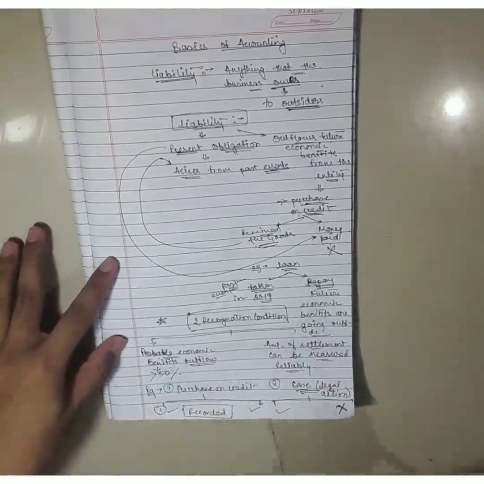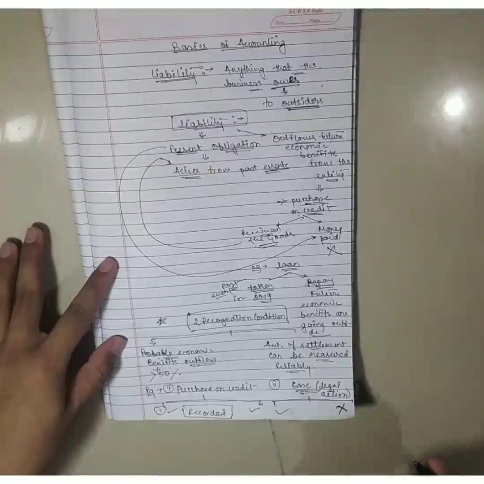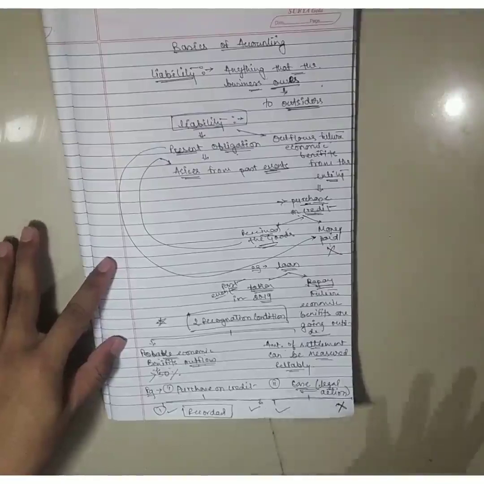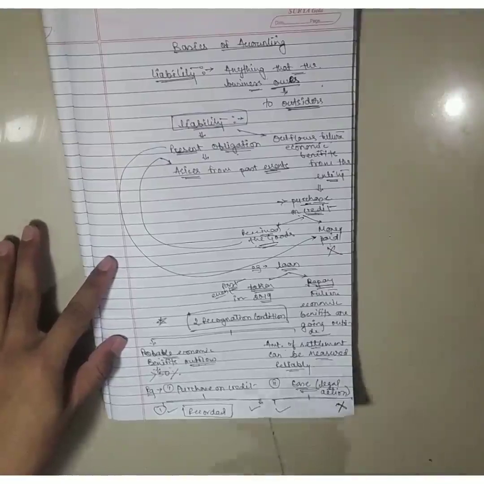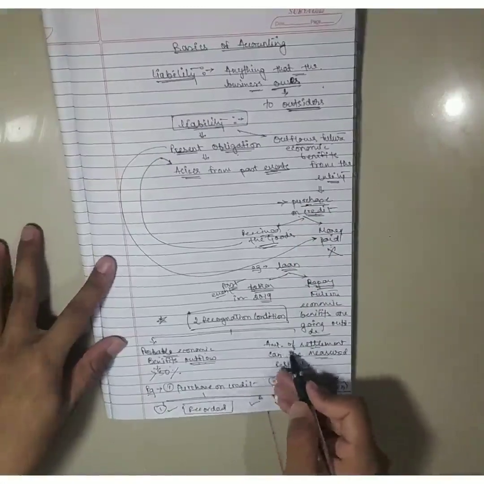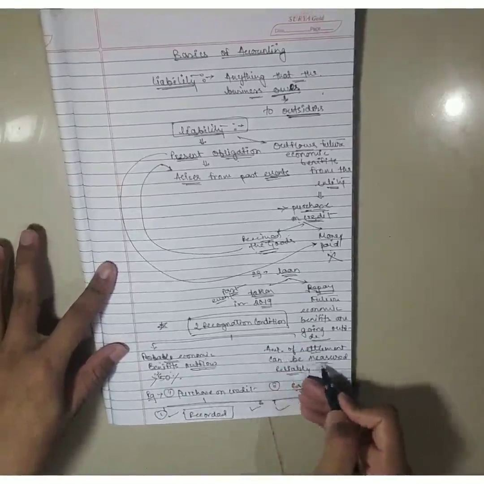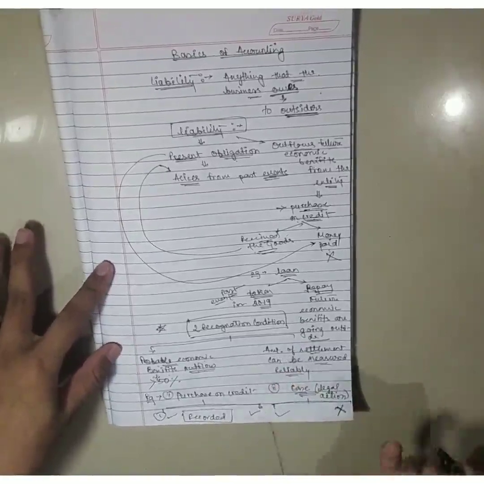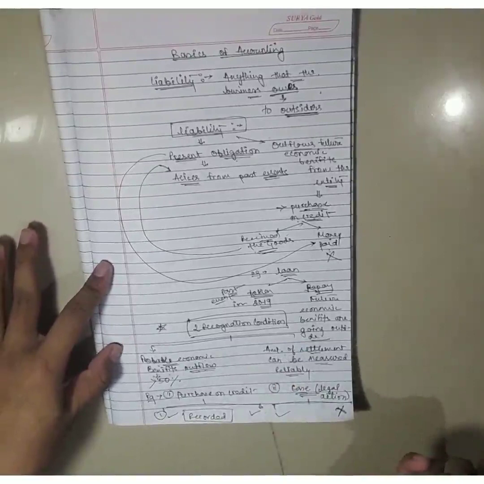First, probable economic benefits outflow. Obviously, if something is going out from the business, only then it should be recorded and called a liability, right? This point and this point are the same, correct? And the amount of settlement can be measured reliably. If you can't measure it reliably, then you can't record it.